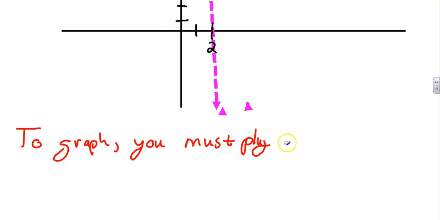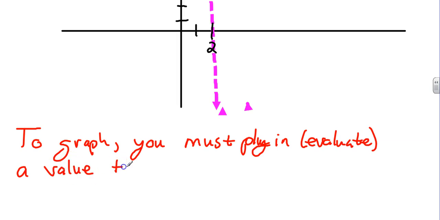We've got to plug in or evaluate a number to the left and to the right of every vertical asymptote.